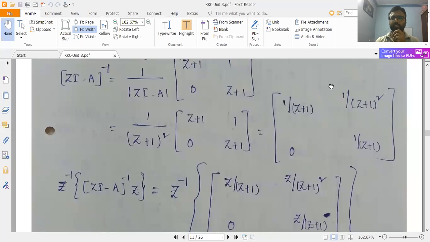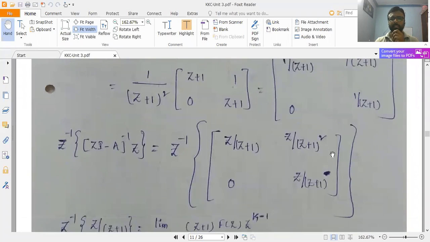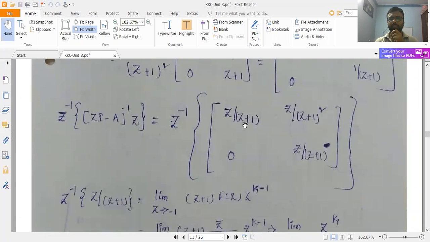So we need to find the inverse Z transform of this matrix, and we find it for each entry individually.